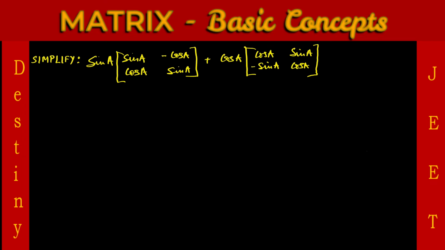Now let us solve this problem. How to solve? Multiply the whole matrix, meaning the elements of this matrix, with sine A and the elements of this matrix with cos A. Let's multiply and see what we get.